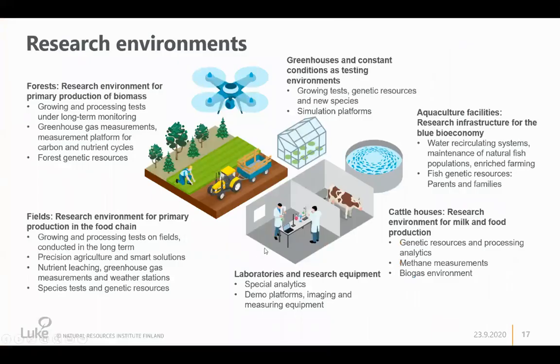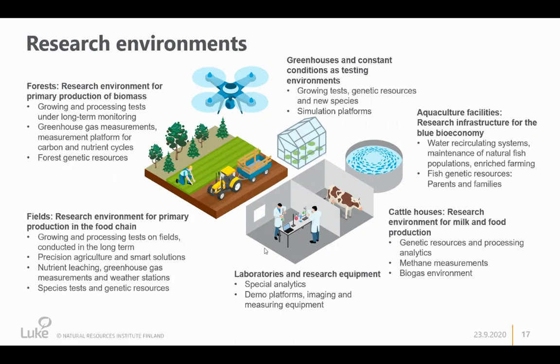On this slide, I also wanted to point out our unique research environments, because we have many different kinds of research environments where we can produce a lot of interesting data for Luke research. For example, we have research forests, research fields in several locations, greenhouses and other similar environments.